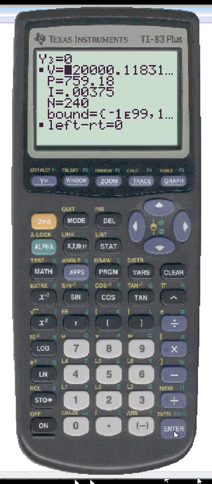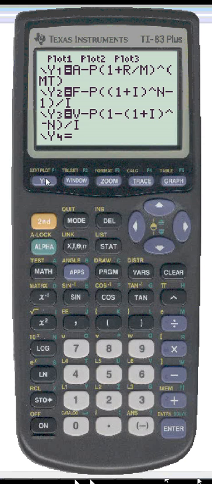So that's how you use solver. Again, step through it again. You put your 3 equations for periodic compounding, with a single initial payment that sits in an account for a while, your equation for future value and your equation for present value, in y1, y2, y3.